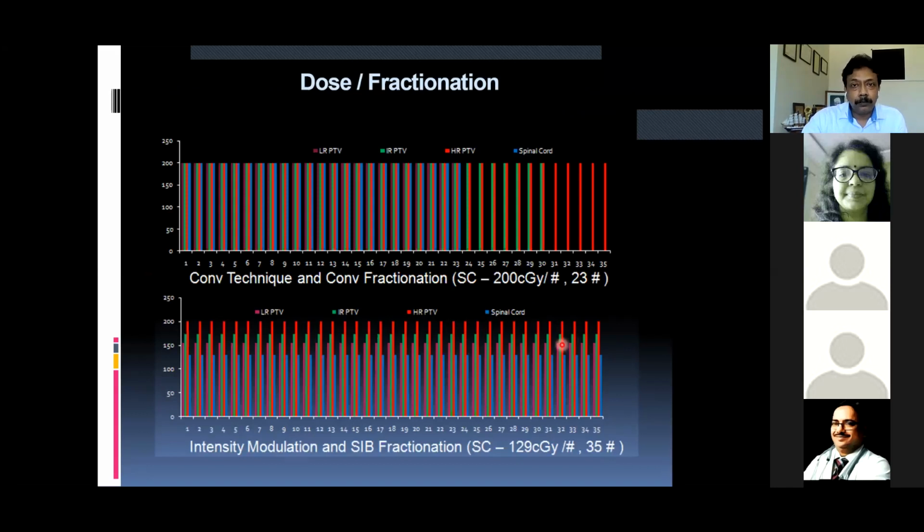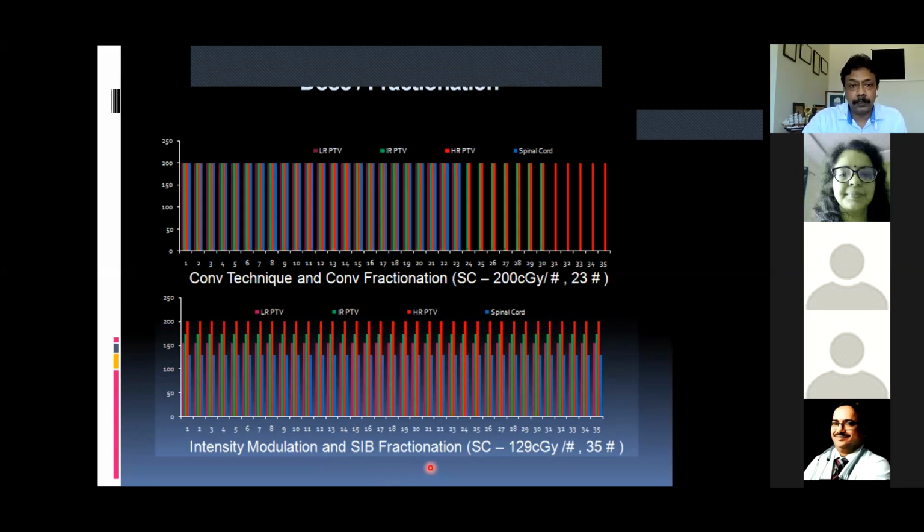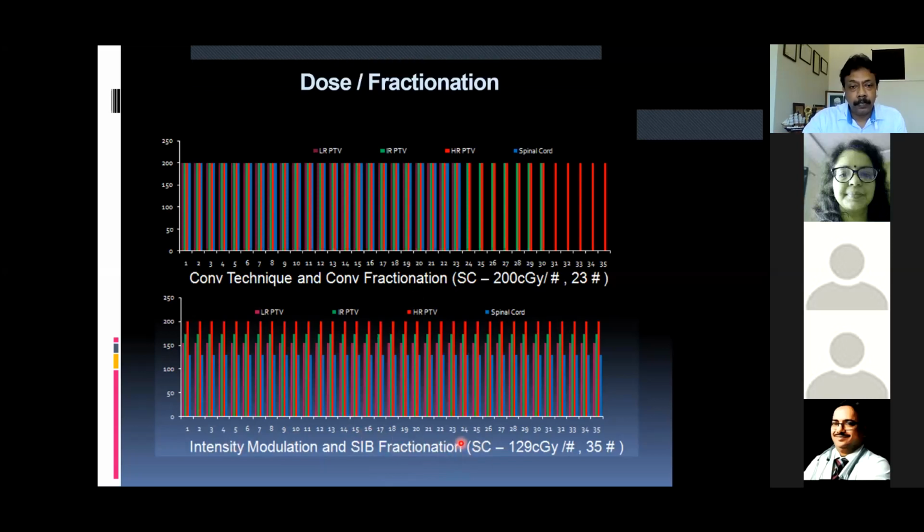For example, these two fractionation schemes are radiobiologically equivalent, where the first one is conventional fractionation, and the second one is intensity modulated SIB fractionation, where all target volumes LR, IR and HR are differentially delivered the dose in SIB.